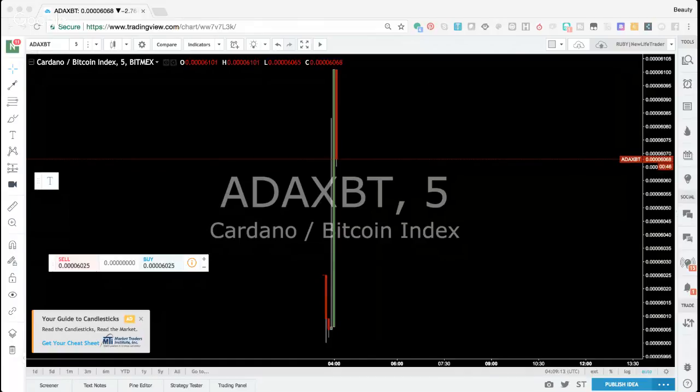And signals, and there we go. I see Cardano.